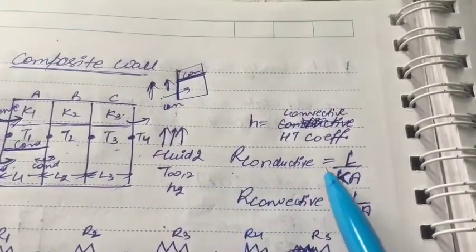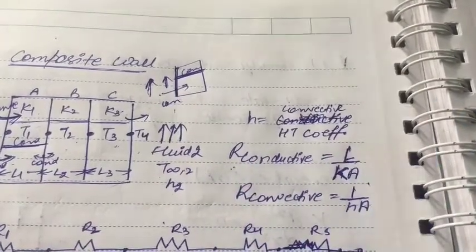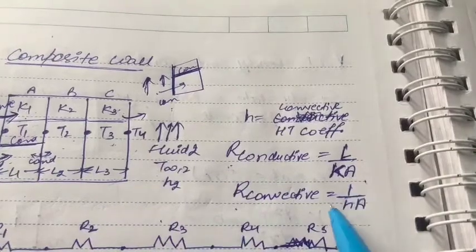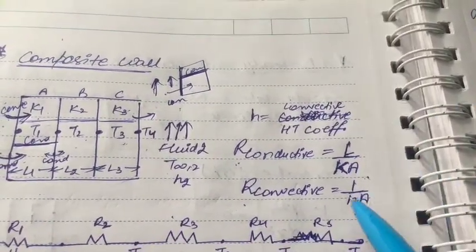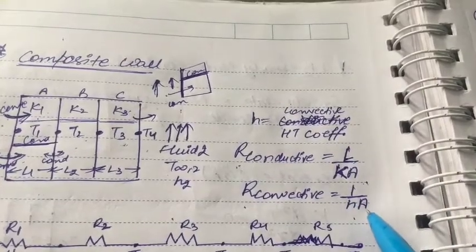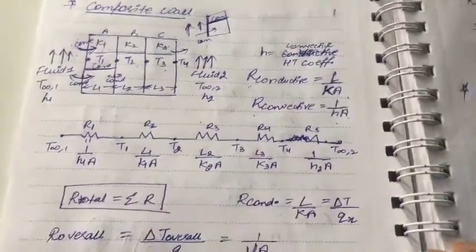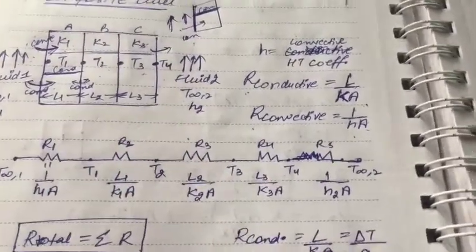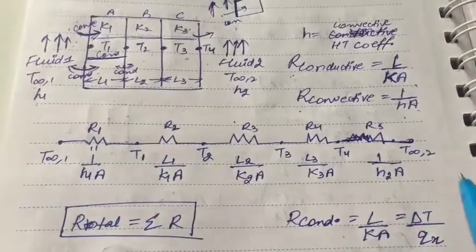We have already studied conductive resistance, which is L by KA, and convective resistance is noted as 1 by hA, where h is the convective heat transfer coefficient and A is the area of the slab. To calculate the overall resistance of a composite wall, we are going to draw a network of resistances.